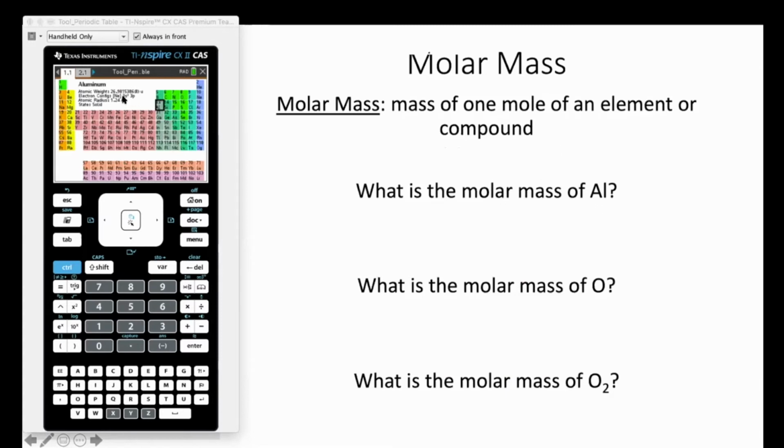We clicked on aluminum in our periodic table. It told us exactly what it was. It was 26.98 grams of aluminum in 1 mole of aluminum. Notice this turns into a conversion factor that we can use in dimensional analysis.